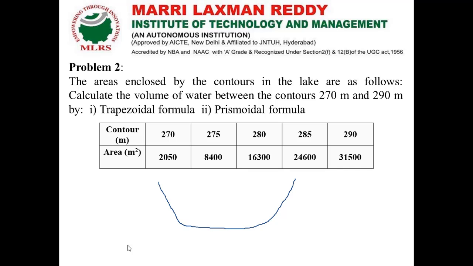So here this is our lake. We can take this one as 270 meter RL. Each 5 meter they have taken: 270, 275, 280, 285, 290. So the heights increase.